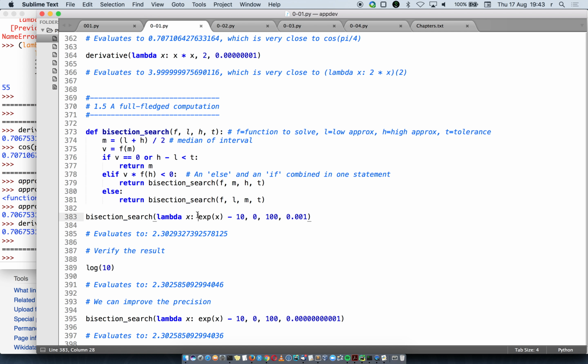So exponential minus 10 is a function that will have a root between 0 and 100, right? You kind of know how the exponential works, right? So exponential is strictly positive, right? But if I lower it by 10 units, it's going to intersect the OX axis somewhere, right? Somewhere in the positive range. So it's definitely between 0 and 100, it will have a solution, right? So let's see if we can find that solution.